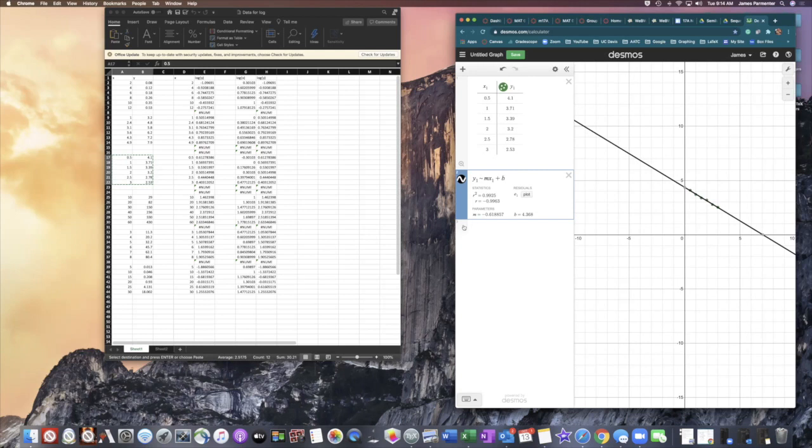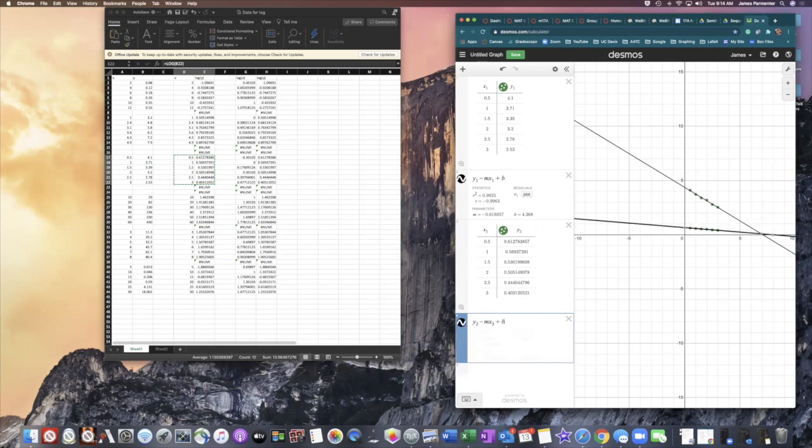So then we have to do x graphed versus log of y. And again, maybe there's an easier way to do all this. I don't know if there is, though. This seems to be the easiest way to me. So then I do the same thing: y sub 2 tilde m x sub 2 plus b. And the r value there is slightly smaller, actually.